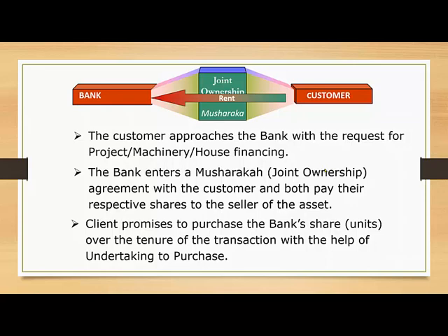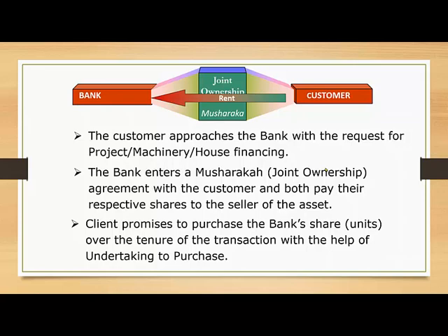The successive purchase of the bank's units by the customer over a period of time will increase the customer's ownership in that property, and it will reduce the bank's ownership in the property. So with the passage of time, the bank's ownership will reduce, and obviously the customer's ownership in that property will increase, so the customer will have to pay less rental to the bank.